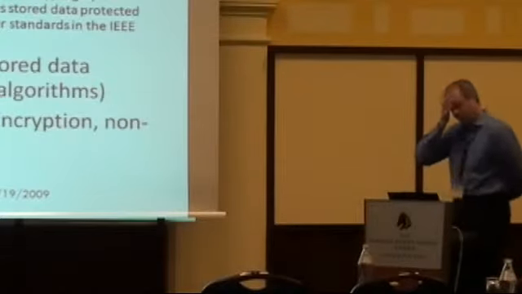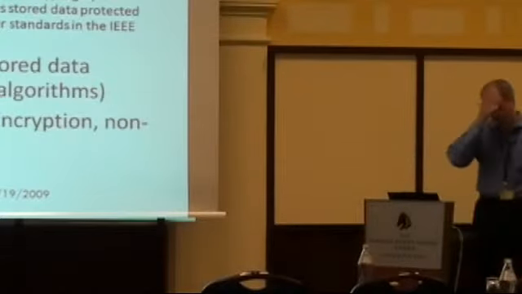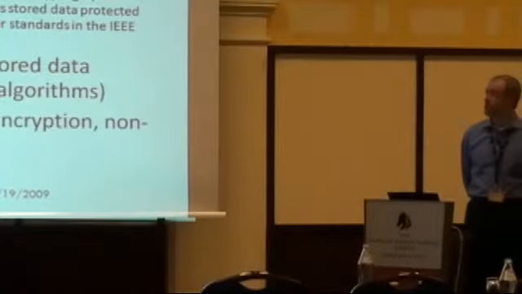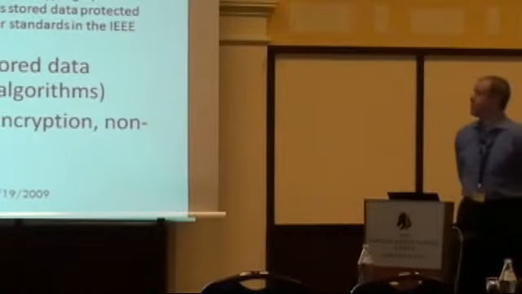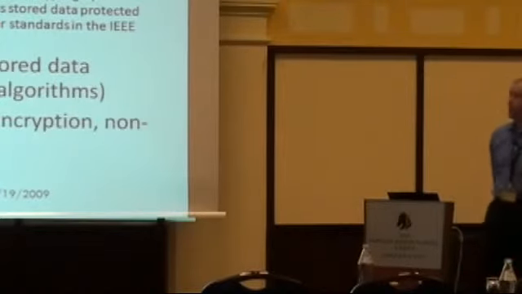So I probably should have put this one first, sorry about that. IEEE 1619.3. IEEE committees are numeric, and each one has a specific meaning, but I'm not going to go into that. 1619.3 is a subcommittee of the 1619 working group, the Security in Storage Working Group.